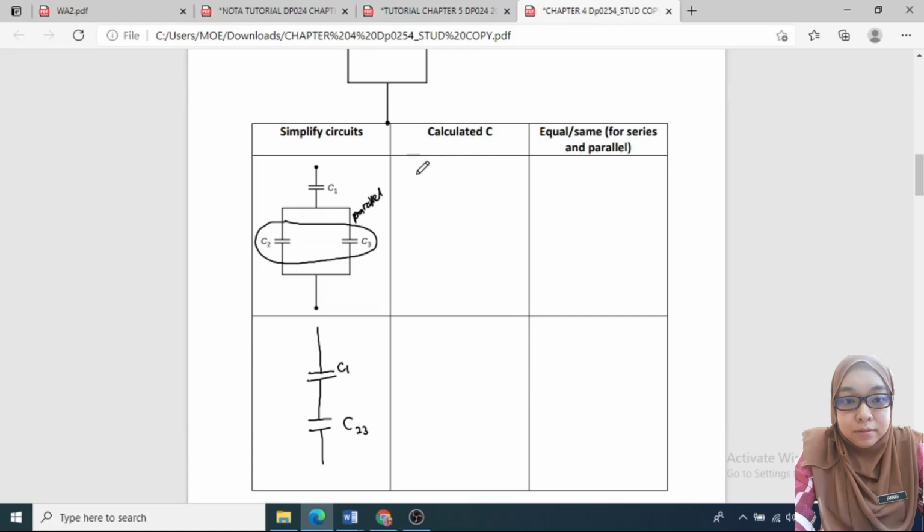Okay. So we calculate the C from the first diagram. It is parallel. So when it's parallel, C23 is equal to C2 plus C3, where C2 is equal to 2 picofarad plus C3 is 4 picofarad, equal to 6 picofarad. So this is C23. And then the next diagram, it is in series.